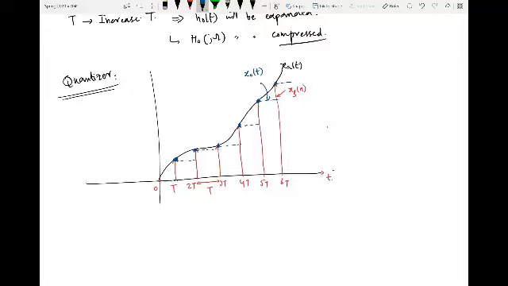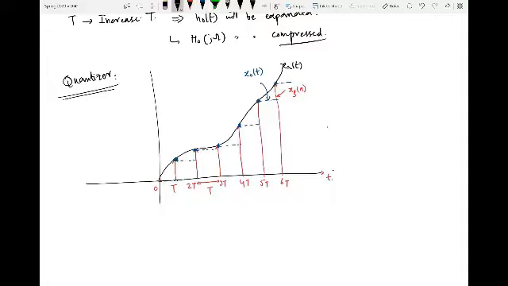What will the quantizer do? The main thing is that the quantizer has a specific number of levels, and it will map each sample into one of those levels. The number of levels is always finite. Let's say in this particular example we formulate 4 levels.